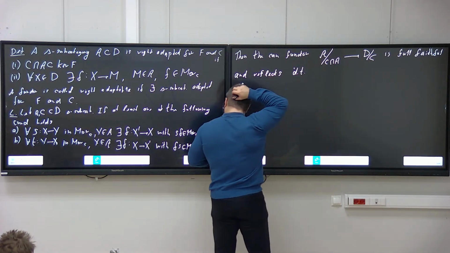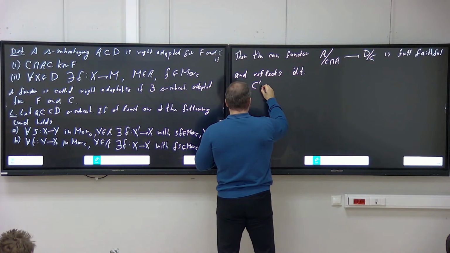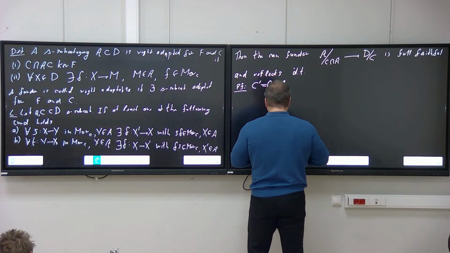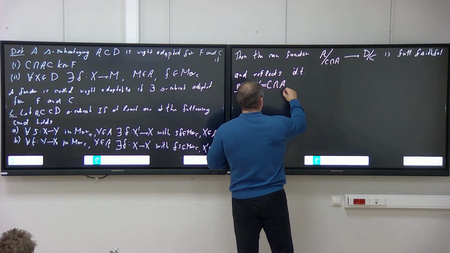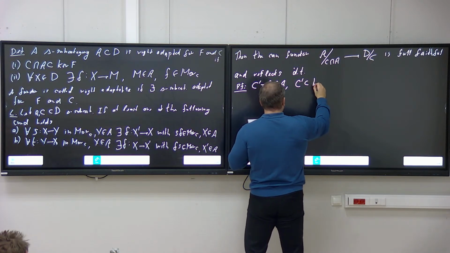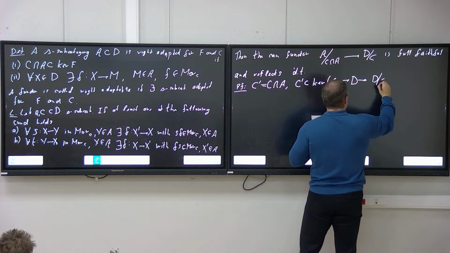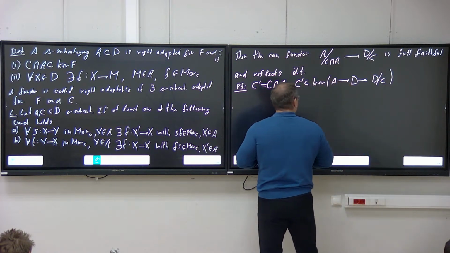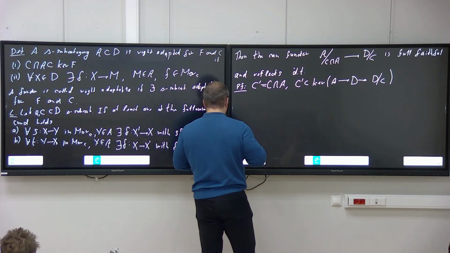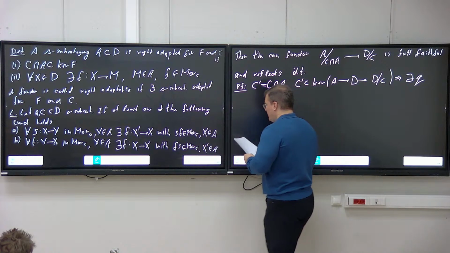Just for shortness of notation, C prime is the intersection of C and A here. Now I'm going to use the universal property of the quotient, since I have C prime, which sits in the kernel of the functor, A is embedded into D, and then there's a quotient to D mod C. By the definition of C prime, I have this embedding of C prime in the kernel, so there is a functor little q, which is the following.